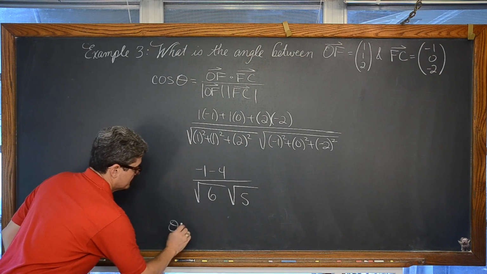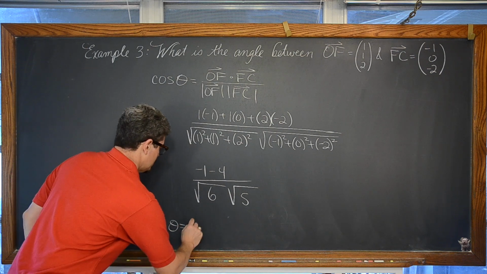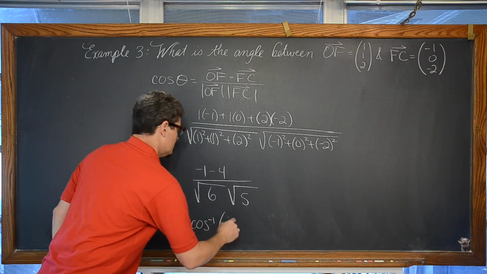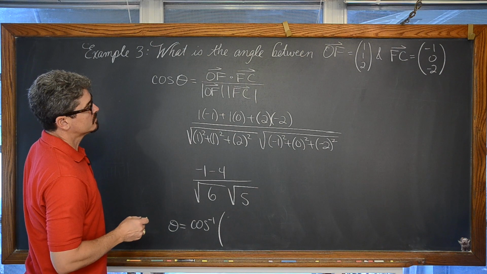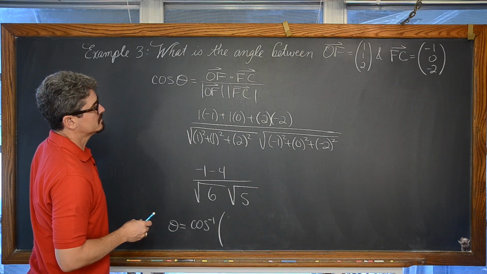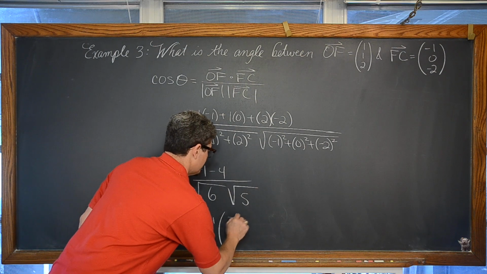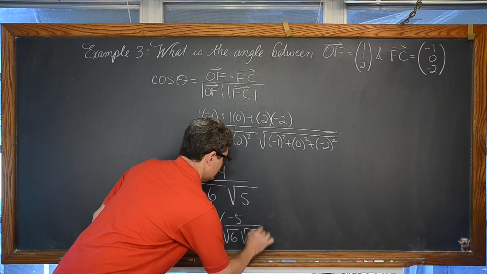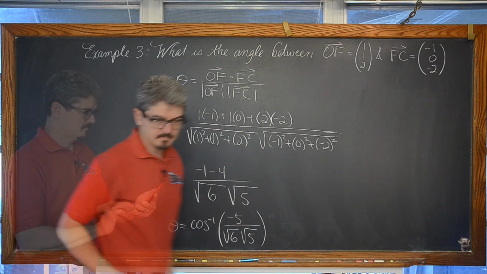So ultimately theta is going to be equal to the inverse cosine of negative 5 over the square root of 6 times the square root of 5, or if you want to call it the square root of 30, that's fine.